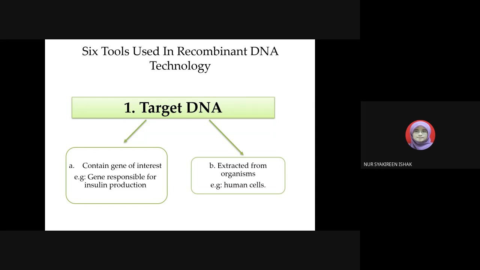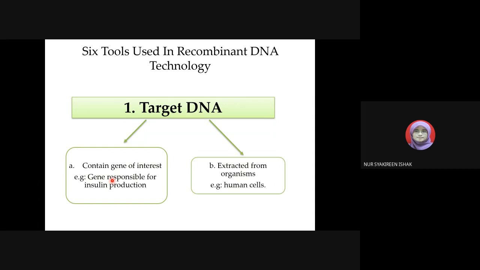So it contains gene of interest such as gene responsible for insulin production, and then extracted from organisms such as human cell. So obviously when you want the product such as insulin, you have to extract out the gene from the cell that produces the insulin.